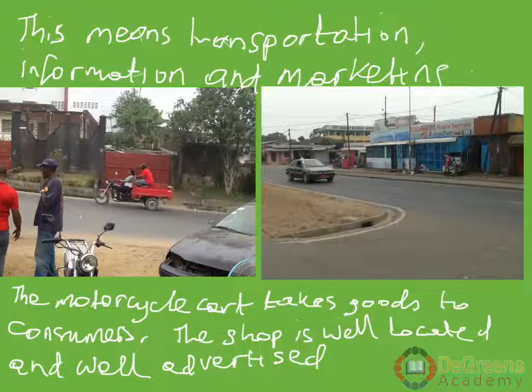The next picture is showing us a shop. The first thing is that it is well located. It is very accessible, so buyers can always come there in their numbers and buy whatever commodities are inside. The next aspect is that it is well advertised. It has written up here "boulangerie", which in English means bakery.